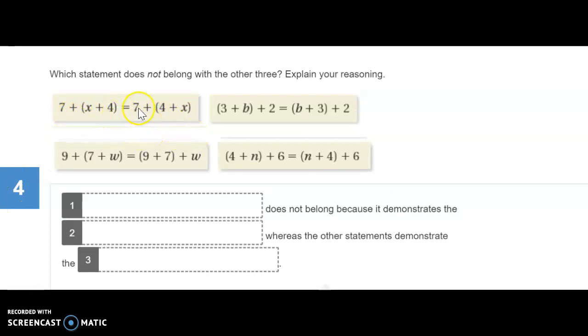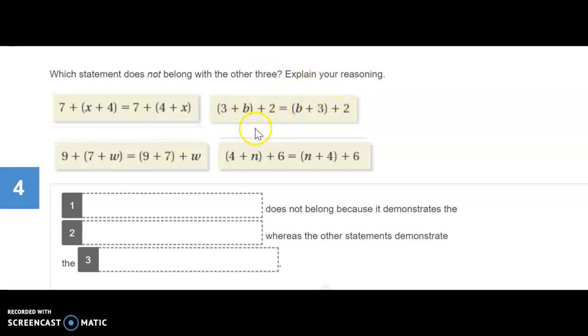When we look at commutative, we are changing around the numbers. This is commutative: x plus 4 is changed to 4 plus x. 9 plus 7 plus w, 9 plus 7 plus w. Well, that is different. This is the associative. See how they put the parentheses around the 7 plus w? 3 plus b plus 2 equals b plus 3. Well, this is commutative.